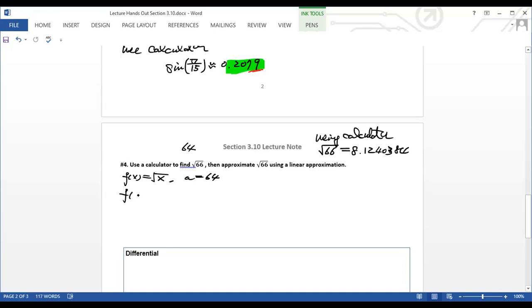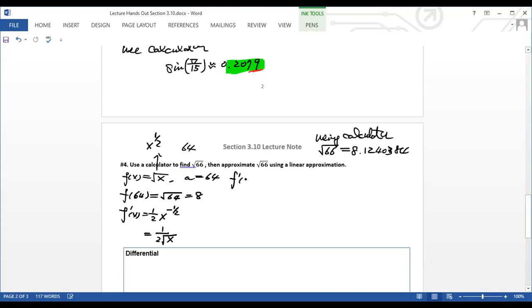Okay, so let's do the typical steps. I plug in the value: f(64) is 8. Then I take the derivative. The square root of x is x to the 1/2, so the derivative is 1/2 x to the negative 1/2, which is 1/(2 square root of x).